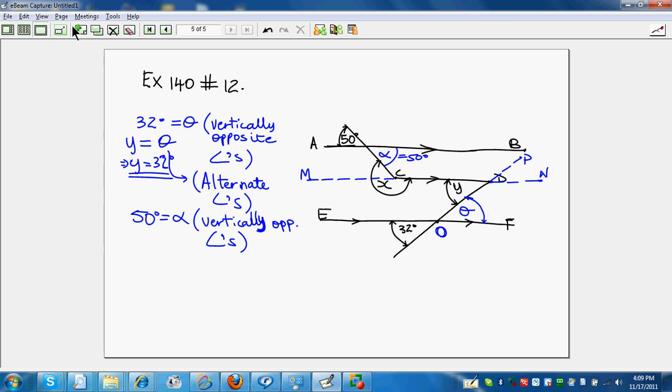Now, if we look at the z formed by going from B, let's call this point R, from B to R, R to C, C to M, that is a special z. So the angles inside of there will be able to help us, I believe, in what we need to find. If we find that angle inside of there, let's see if that will help us.